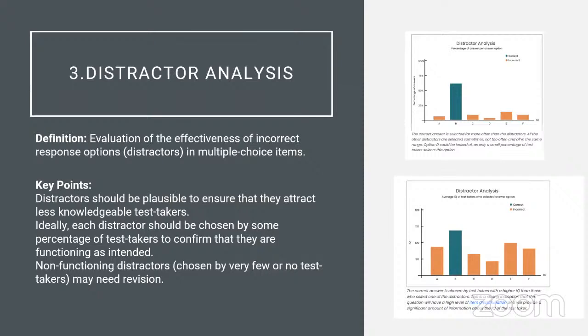So distractors should be plausible to ensure that they attract less knowledgeable test takers. Ideally, each distractor should be chosen by some percentage of test takers to confirm that they are functioning as intended. Non-functioning distractors, chosen by very few or no test takers, may need revision.